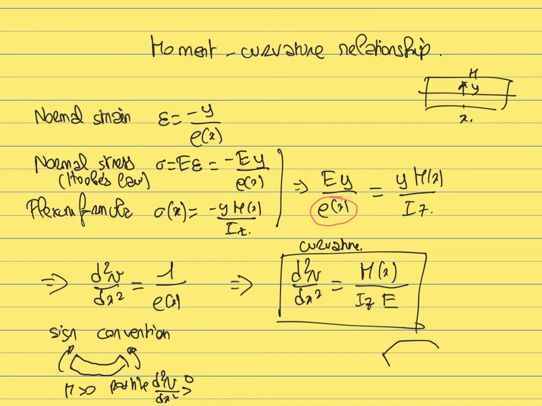On the other hand, if you have a sad face like this, then this corresponds to the negative sign convention, where the internal moment would become negative, and that would also correspond to a second derivative that is negative. That would correspond to a beam that has a concave shape with a negative curvature.